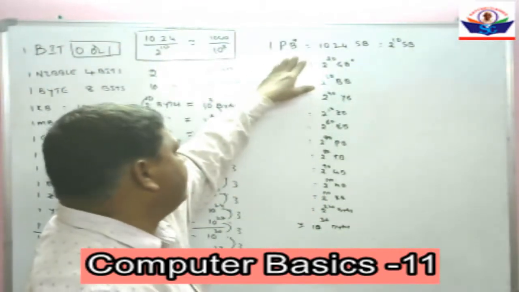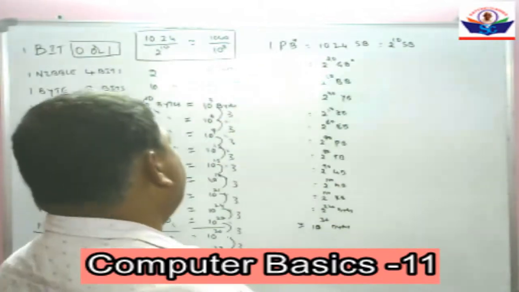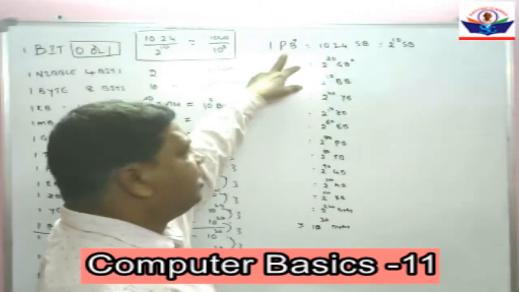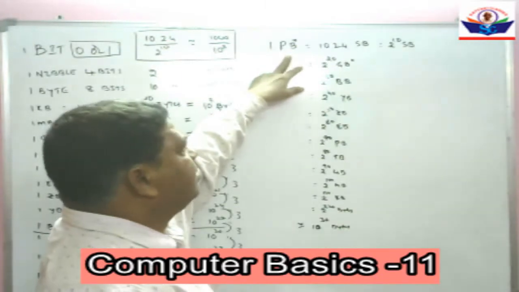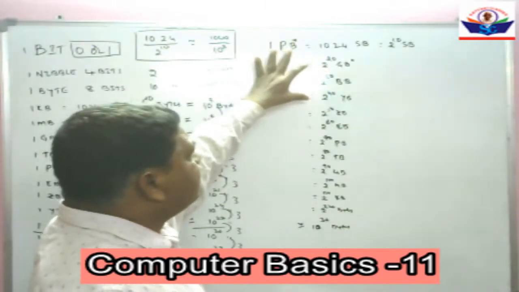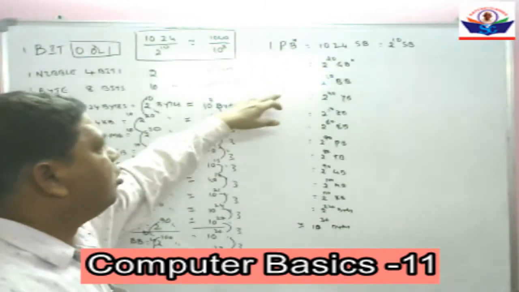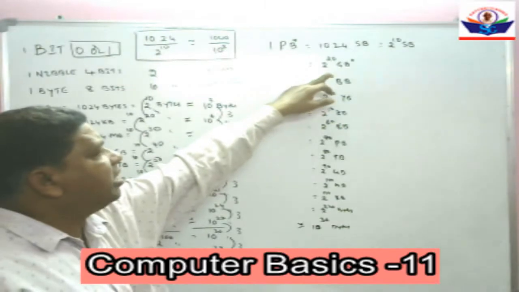1 petabyte star. Already petabyte is there. That's why we give PB star, which is equal to 2 to the power of 10 Sagar byte. 1 petabyte is equal to 2 to the power of 20 gigabytes. Already gigabyte is there.